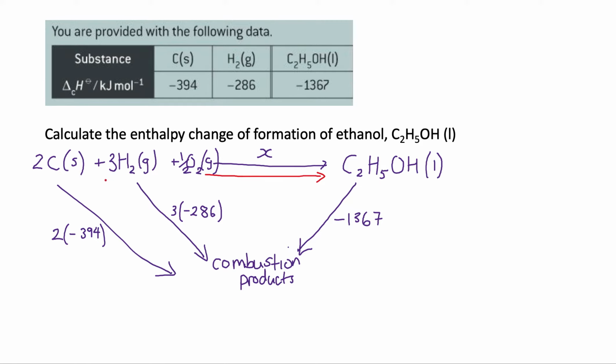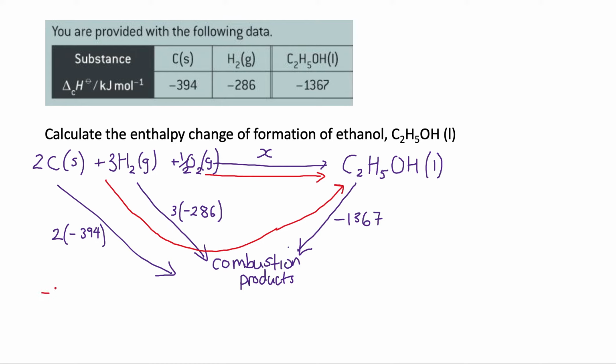Okay, so we're going to go from our reactants via our combustion products to our actual product over here. So first thing we need to go from our reactants down to the combustion products. We're going to follow this red arrow. We're going in the same direction as these 2 arrows over here, so the sign of these stays the same. Okay, so all I'm going to do is just take the minus sign out of the bracket.